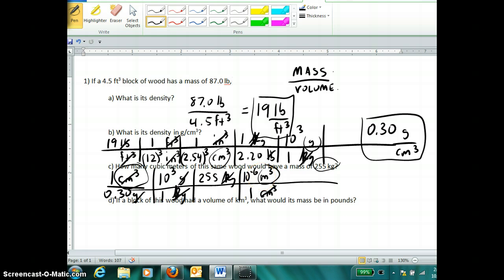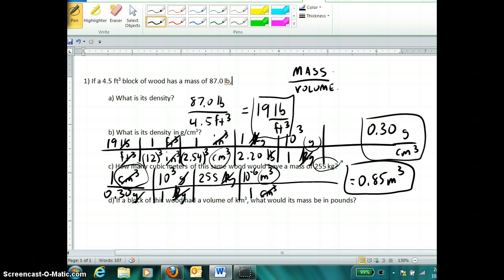And then if we take our calculator and go ahead and divide 1 by 0.3 and multiply by 1,000 and then by 255 and then by 10 to the negative 6, we would get, with 2 digits, 0.85 meters cubed, which is a very reasonable answer.